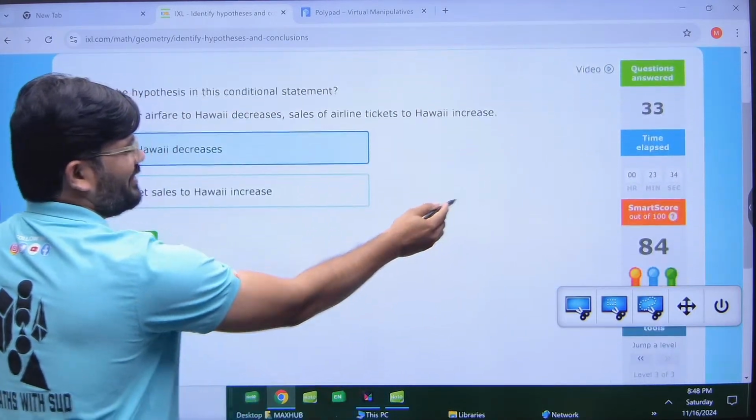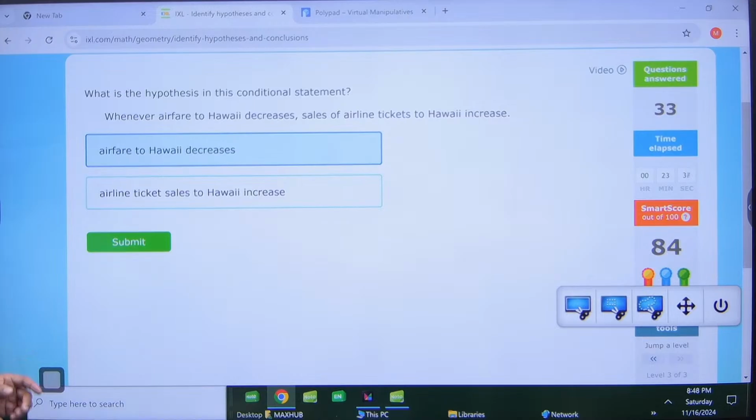What is the hypothesis in this conditional statement? Whenever airfare to Hawaii decreases, sales of airline tickets to Hawaii increase.